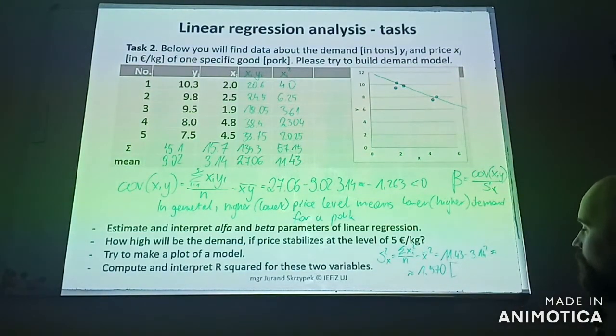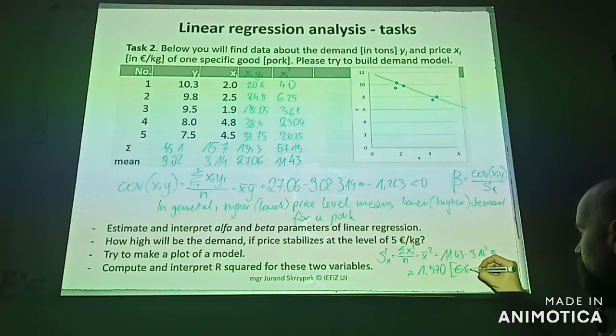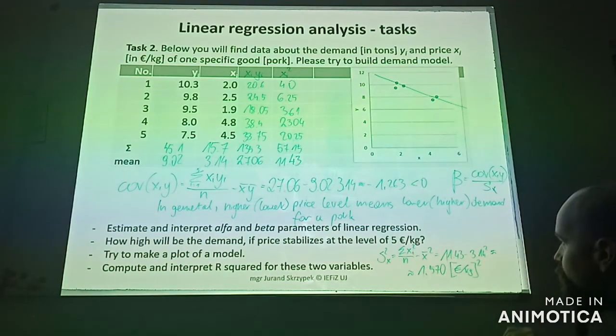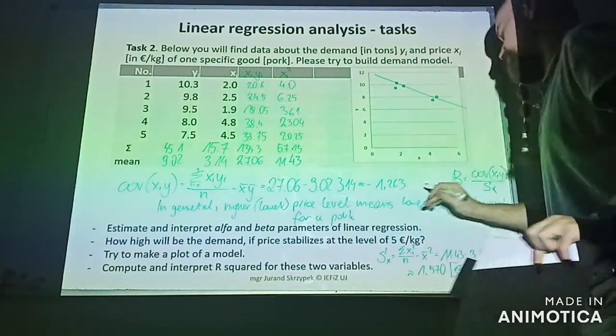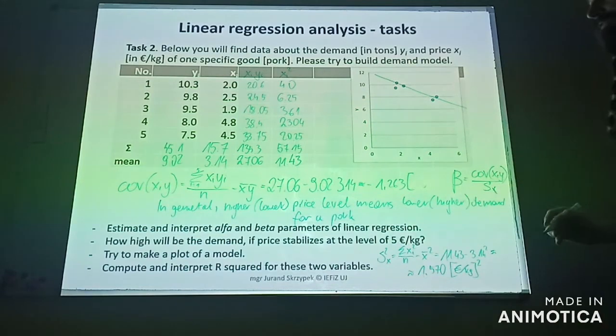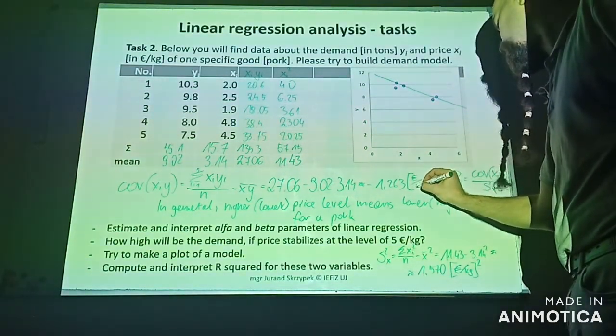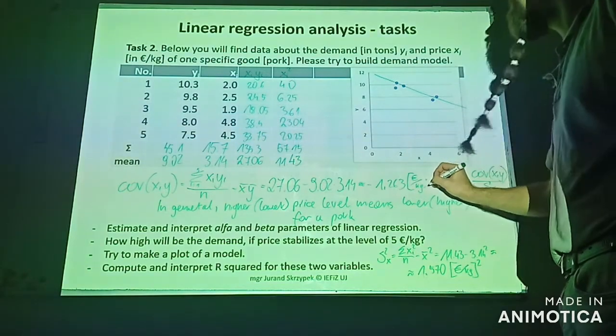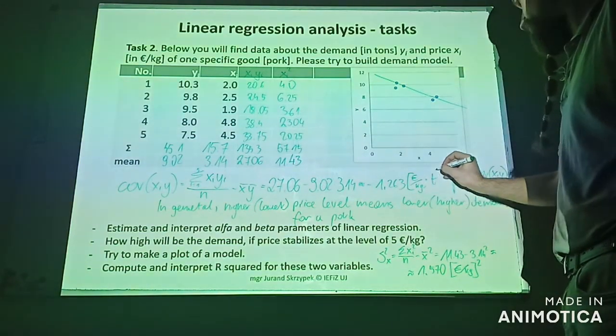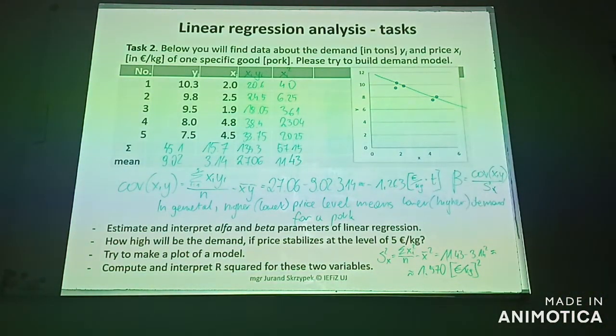Of course, the unit of this measure is euros per kilogram squared, and on the margin the unit of covariance is euros per kilogram multiplied by tons. Yeah, it has no sense, but it doesn't matter.